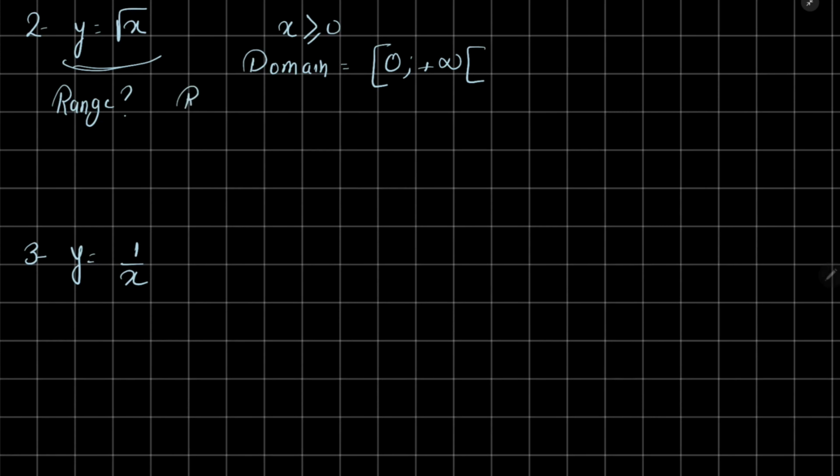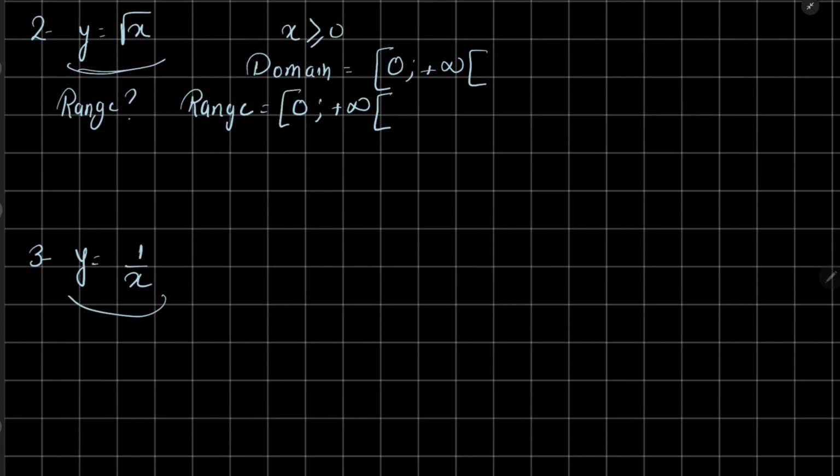Then the range will start from 0. The highest point of the range will tend and approach plus infinity as x is approaching plus infinity, because whenever x is increasing, y equals radical of x will always increase until reaching a very high number approaching plus infinity. Then the range will be from 0 included to plus infinity.